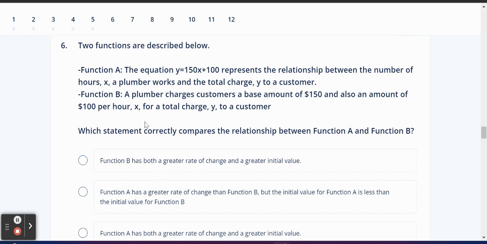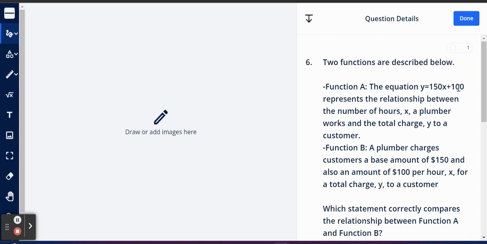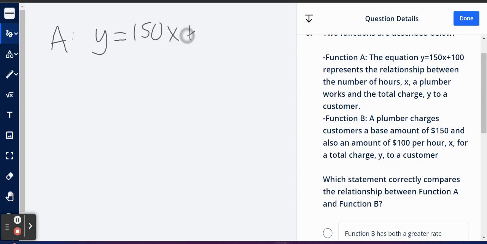So first of all, let's write out and determine what our rate of change and the initial values are. So there should be a show your work. There it is. Okay, so function A. All right, we have the equation y equals 150x plus 100, right?